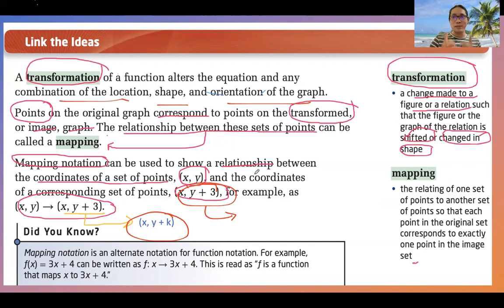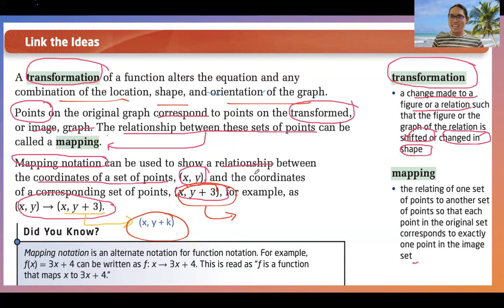Remember the definition of a transformation: as long as it moves, it has changed its image or shape, or even if it does not change shape, as long as it has changed its position, that is considered a transformation. The graphs we encountered in previous courses in mathematics are already moving.